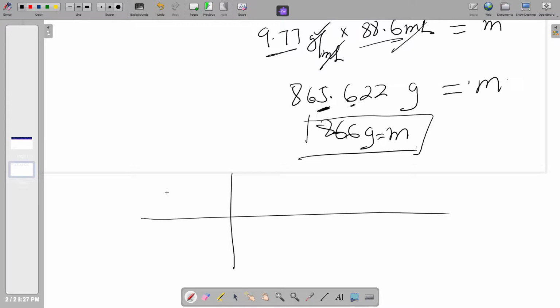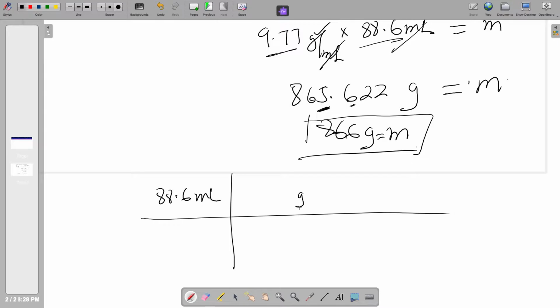So our volume is 88.6 mL. And what do we want? We want our mass in grams at the end. The unit we're interested in, we write on the top right of our table. So we want grams over here.